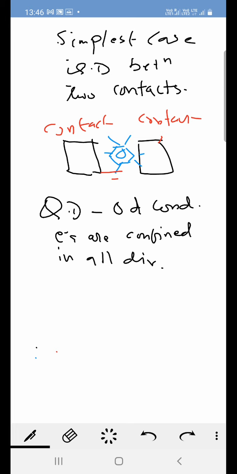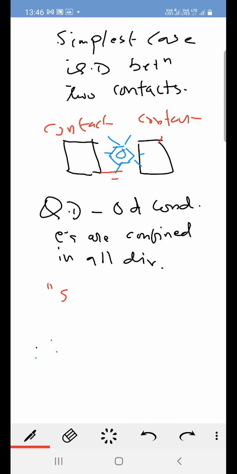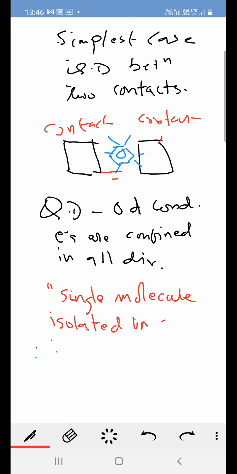So a single molecule isolated in space is a good example of a quantum dot.